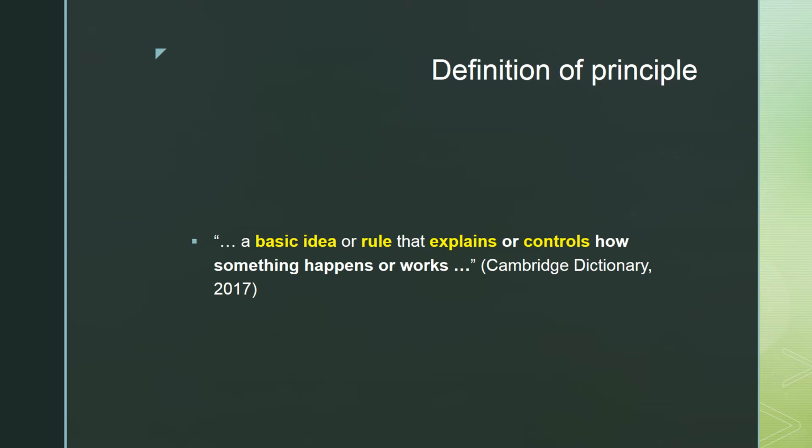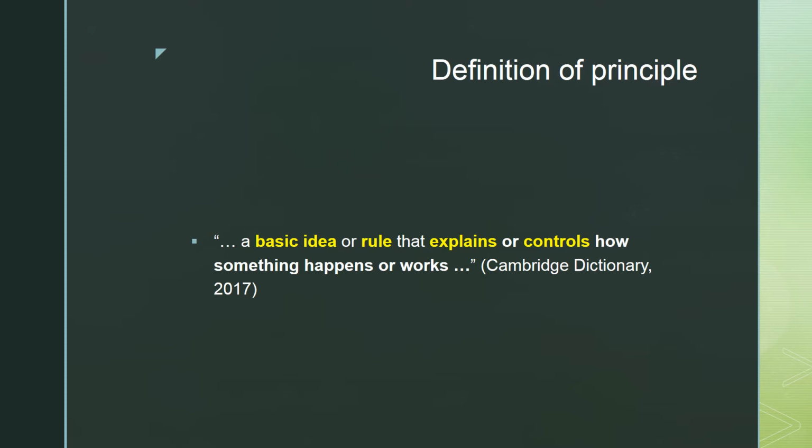Let's begin with a definition of principle. A principle is defined by the Cambridge Dictionary in 2017 as, quote, a basic idea or rule that explains or controls how something happens or works.